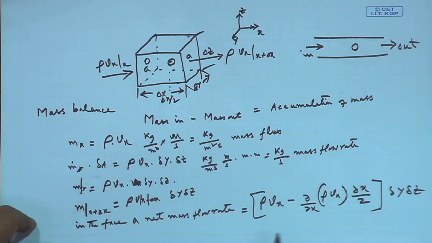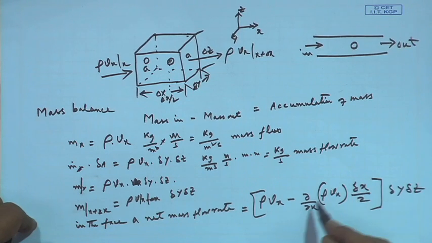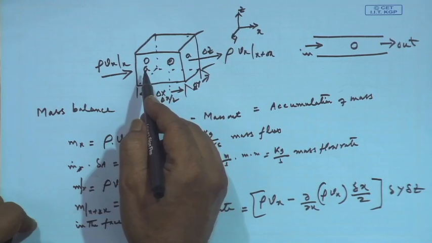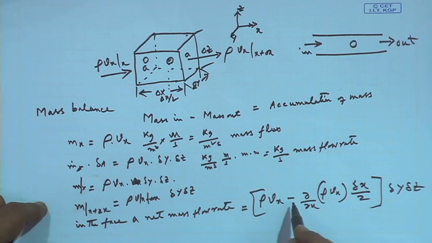If it is at delta x by 2, then the rate of change of rho Vx with respect to x, at the distance of del x by 2, is this, and this was the rho Vx at the face where it is A. So, the net will be rho Vx minus del x of rho Vx times del x by 2, and this into del y del z, right.